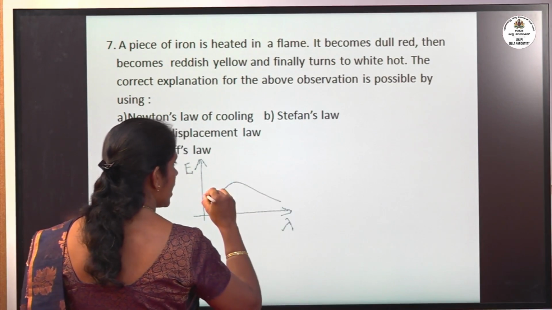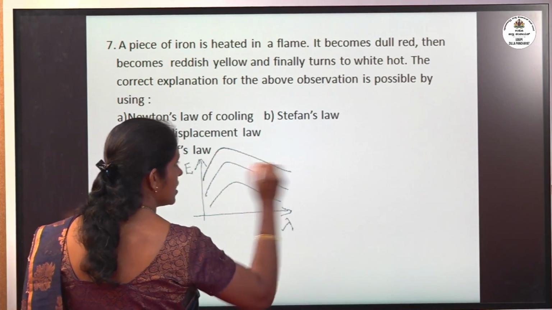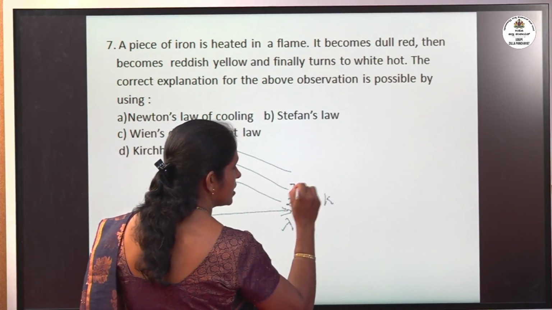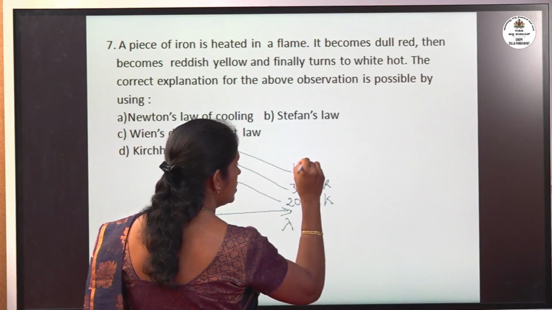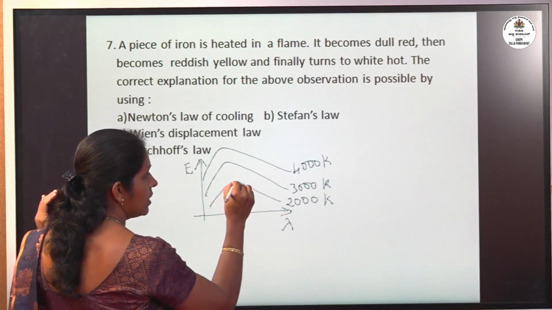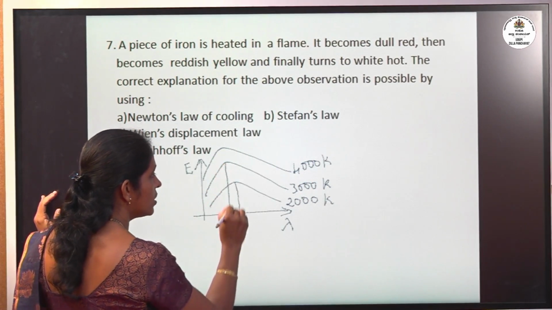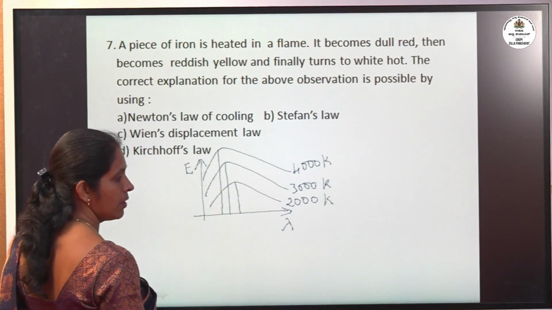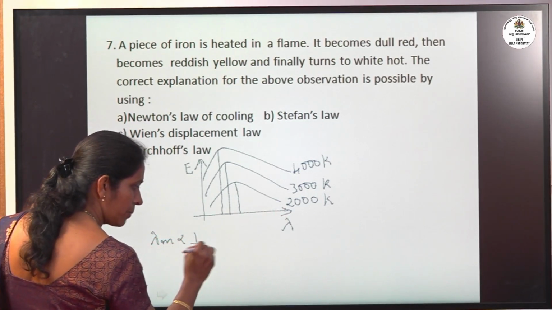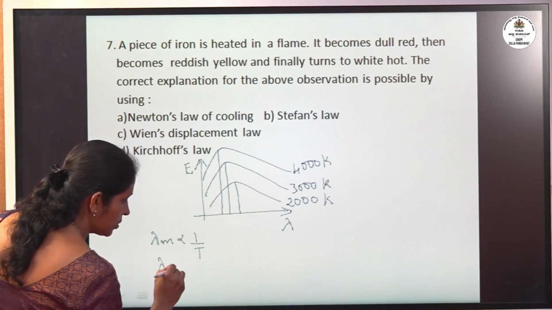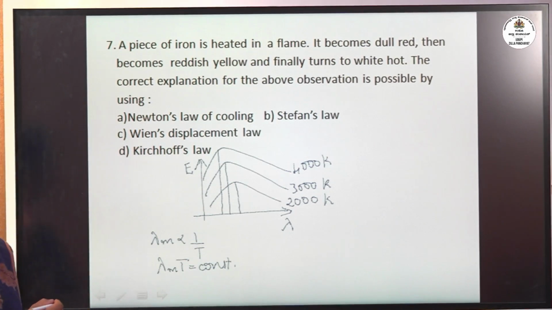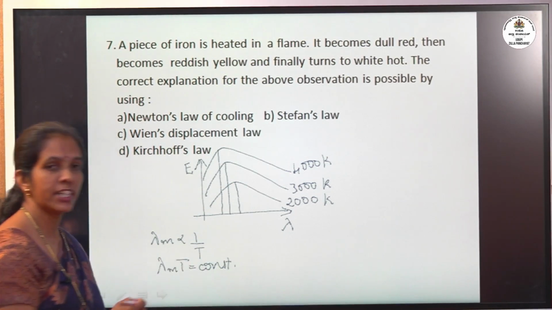The plot at different temperatures is obtained like this: 2000 Kelvin, 3000 Kelvin and 4000 Kelvin. As the temperature increases, the peak value is shifted towards the shorter wavelength region. Lambda m is inversely proportional to temperature, or lambda m into T is constant. This is called Wien's displacement law.